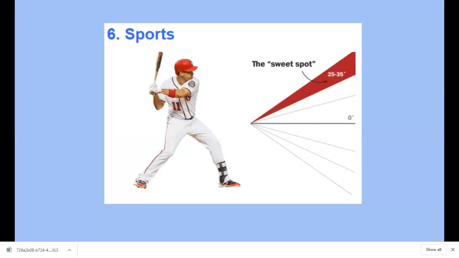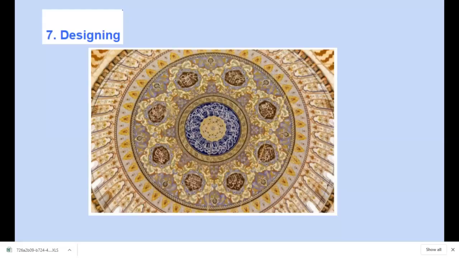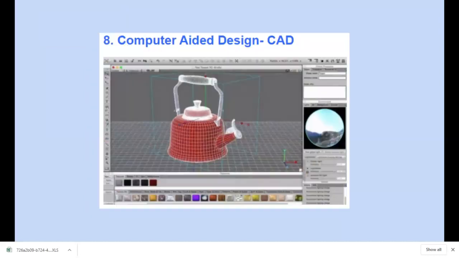Sixth, sports. There is a certain area when you swing, you should find a sweet spot in order for you to hit the ball. So that's geometry at the same time. Seventh, designing. So much of this field is concerned with geometry. Eighth, we have modern technology, computer-aided design, or CAD, or people used to call this AutoCAD.